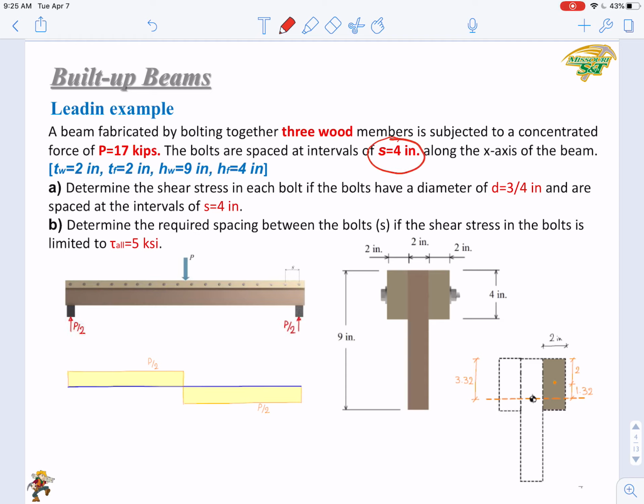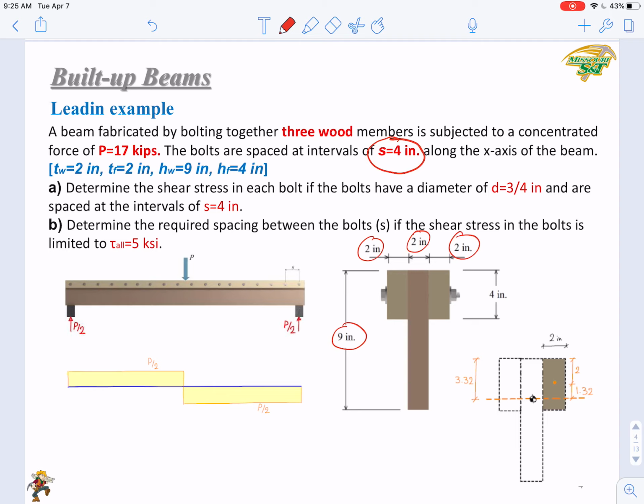The bolts are spaced at intervals of s equals 4 inch along the x-axis of the beam. Then you know other dimensions, t_w, t_f, h_w, h_f, etc. Those numbers have been marked on the figures.